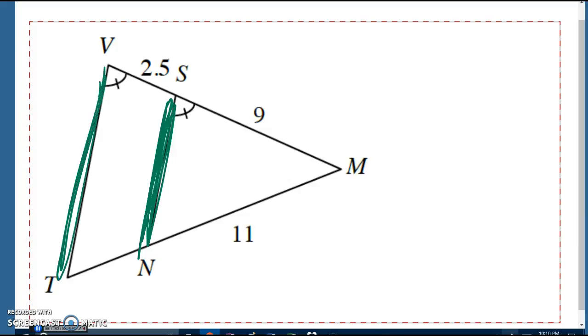So we can't use a proportion because we don't know what NS is. That would be a reason you would just say not possible. We don't know the length of SN. If we did know the length of SN, we could use a proportion to figure out the length of VT, but we can't.